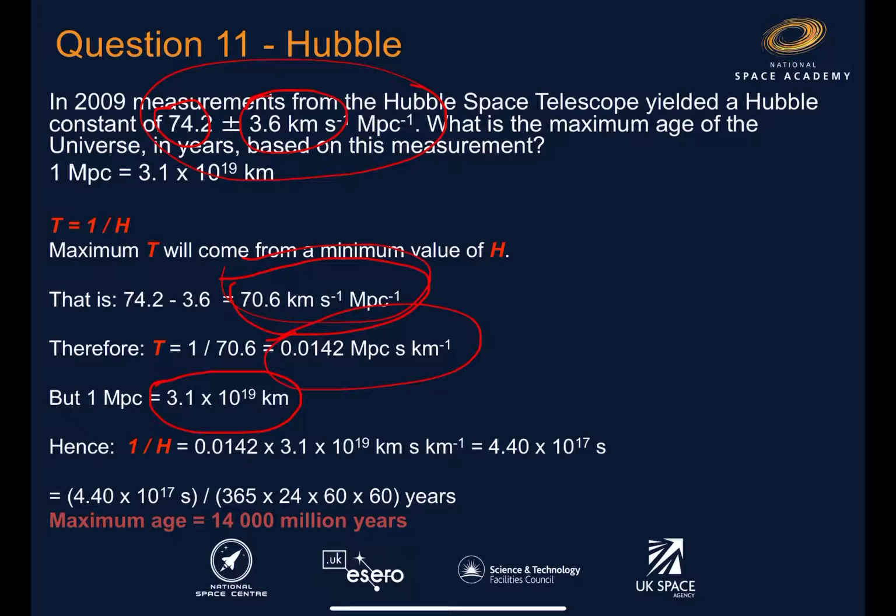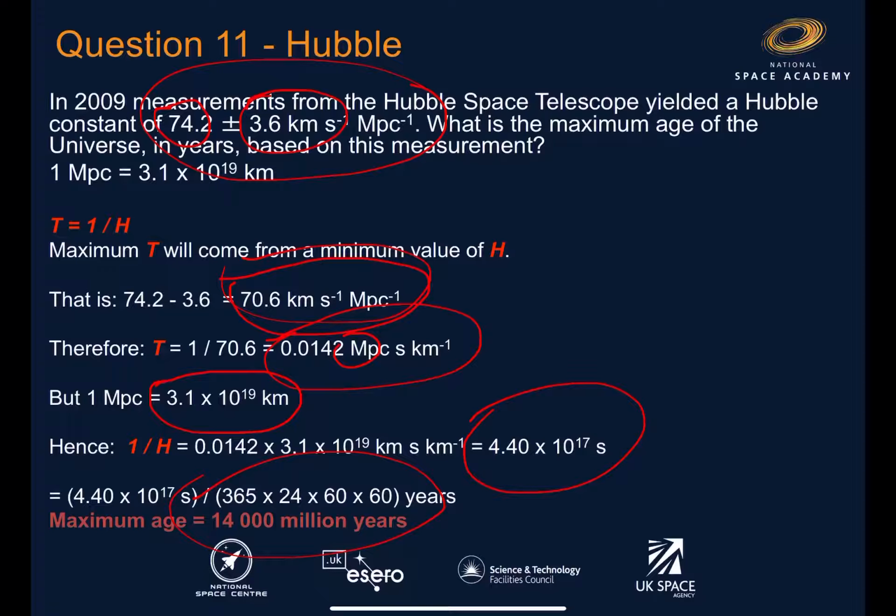So we now have kilometres on the top because we've replaced our megaparsecs with kilometres, and this is all per kilometre anyway. So in actual fact, what we end up with here is a value in seconds, because the kilometres disappear. When we've got it in seconds, we can change it into years.